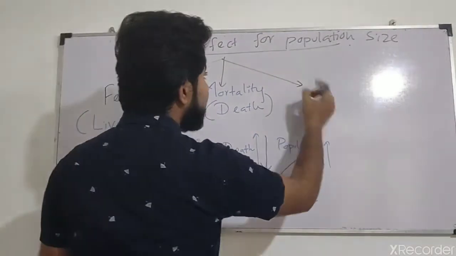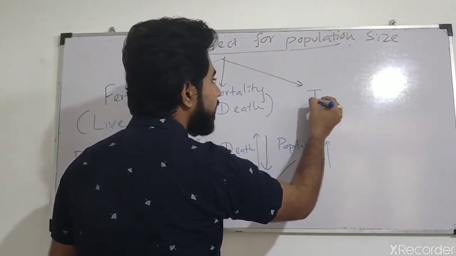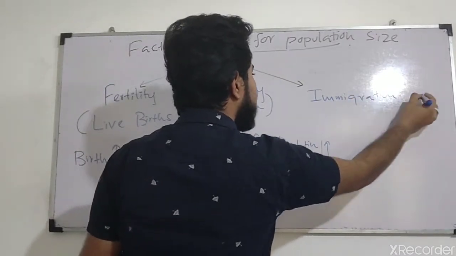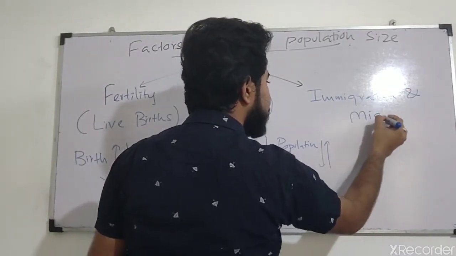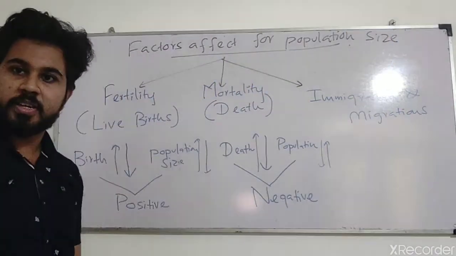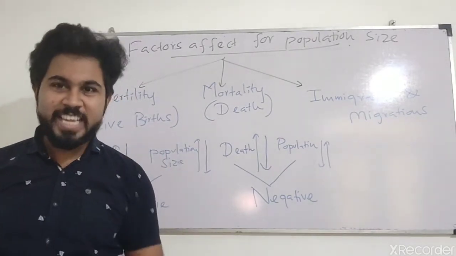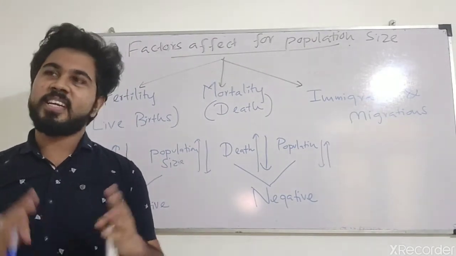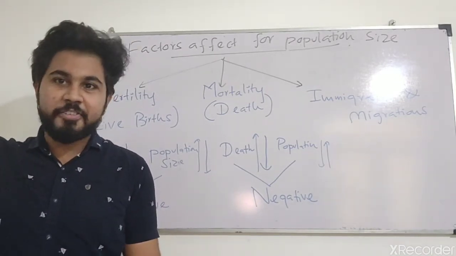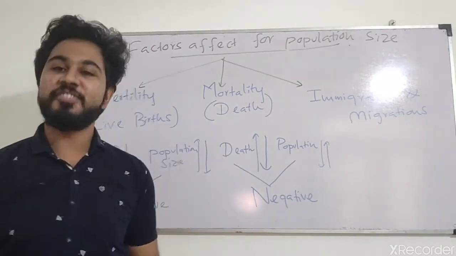And the next one, the third factor that affects the population size, is what? Immigration and emigration. Right? So what do we mean by immigration? For example, suppose an outsider comes to Sri Lanka and establishes permanent residence in Sri Lanka.